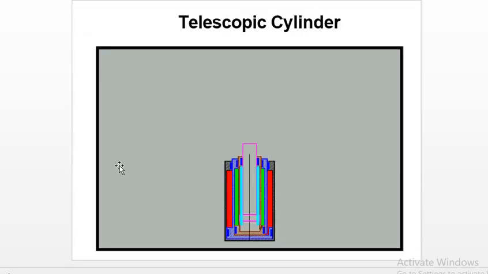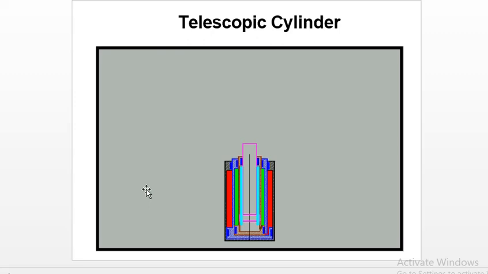Then next is the telescopic cylinder. In the telescopic cylinder, a number of cylinders are used. You might have seen the telescopic cylinder in trucks, cranes or elevators. That telescopic type of cylinder uses one cylinder inside another. That is called a telescopic cylinder.